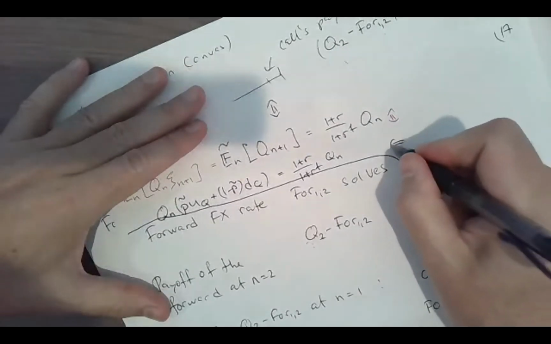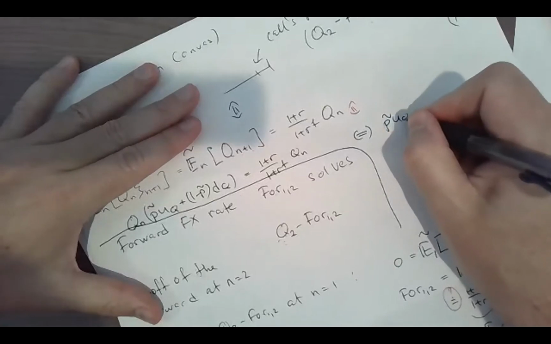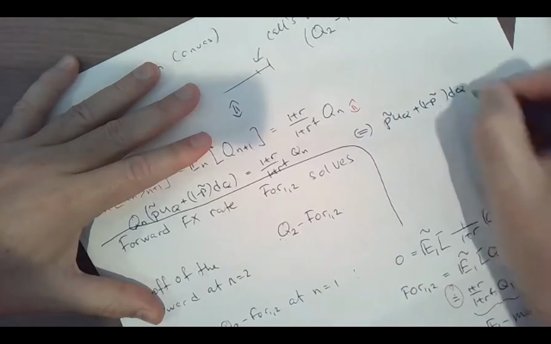And so we can say then that this is the same as P tilde UQ plus 1 minus P tilde times DQ.